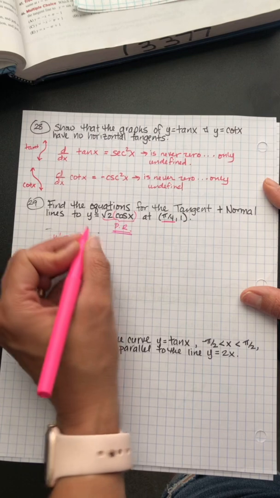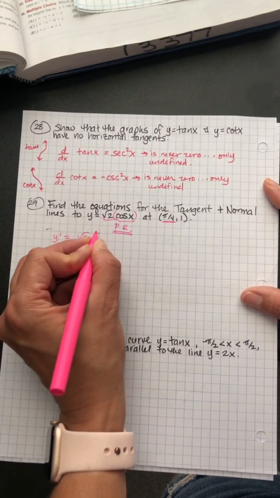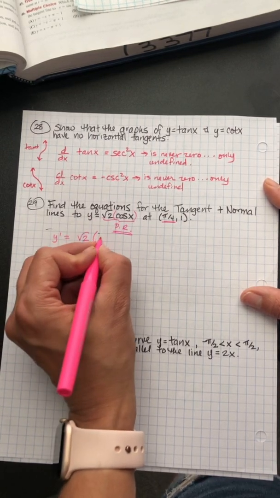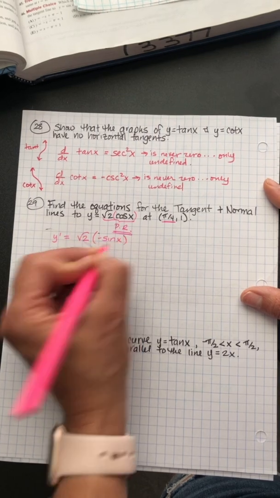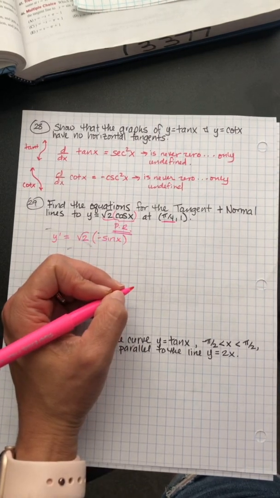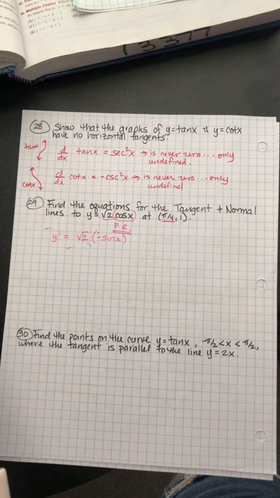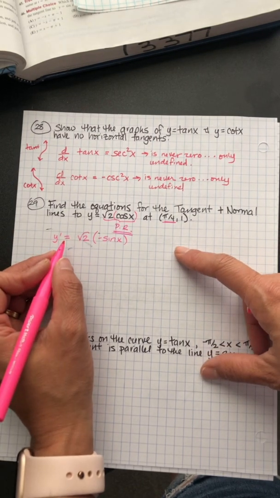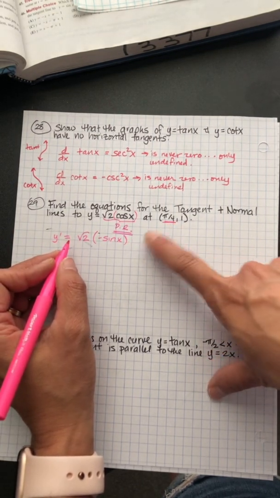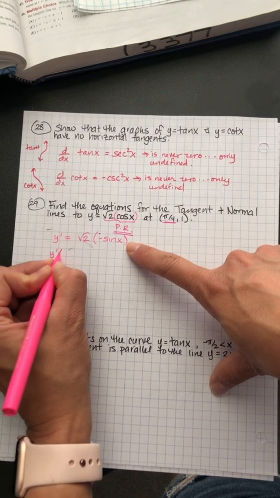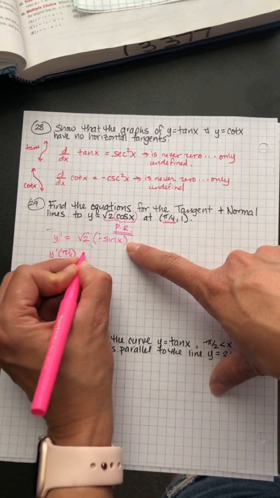Okay, so y prime equals square root of 2 times the derivative of cosine, which is a negative sine. And there's not much else I can do to simplify that. So let's just go ahead and plug in pi over 4 for x. So y prime of pi over 4.